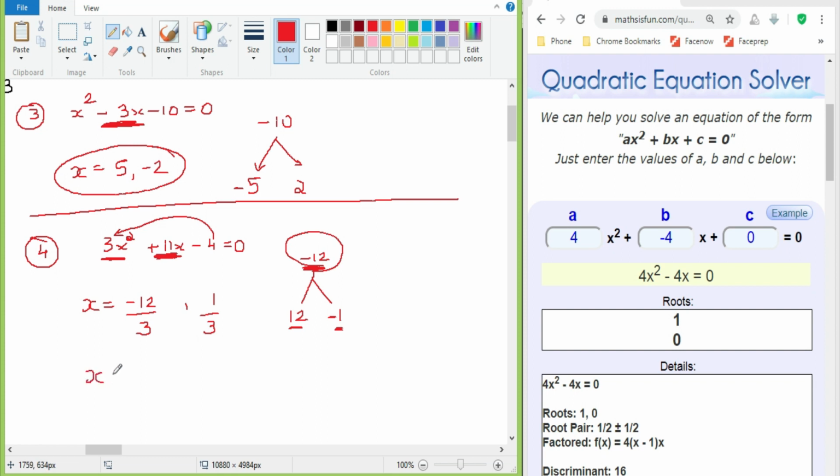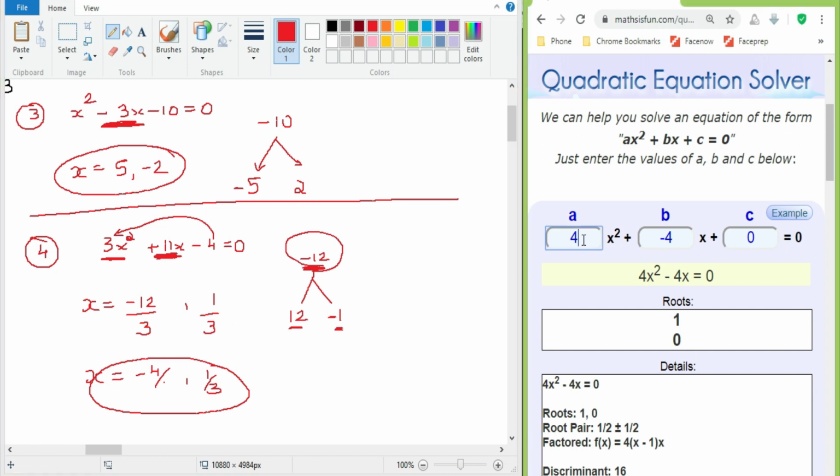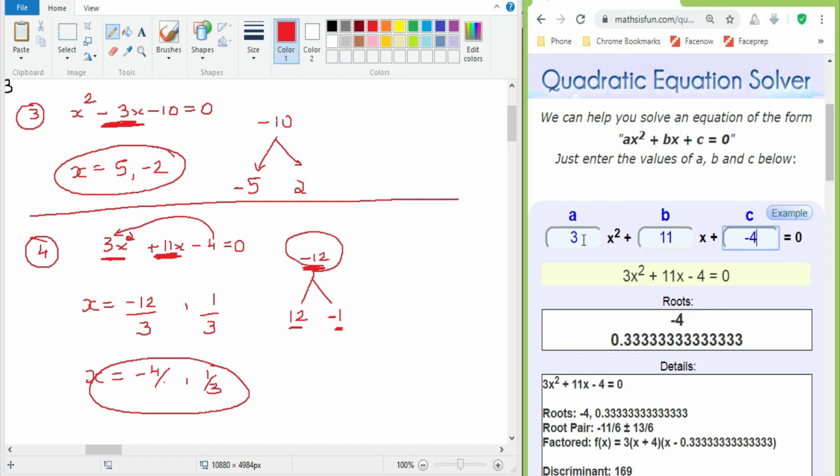So I can write x as minus 12 by 3, which is minus 4, and x as 1 by 3. Okay, if you want, we'll just check it out over here. So we have got 3, we have got 11, and we have got minus 4. Check it out, guys. The answer is minus 4 and 0.33, that is nothing but 1 by 3.